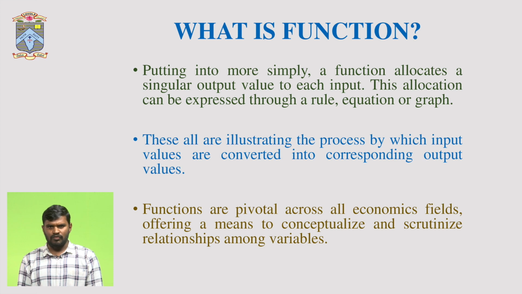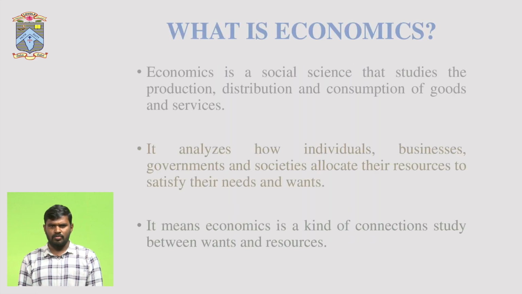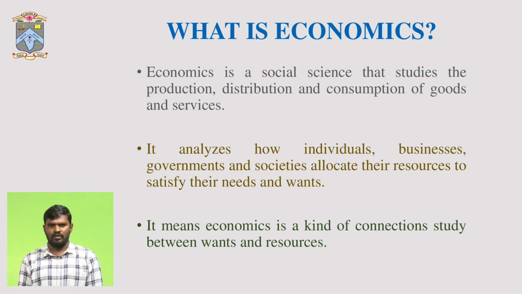Before proceeding to the function examples, we will see what economics is in a simple way. Economics is a social science that studies production, distribution and consumption of goods and services.